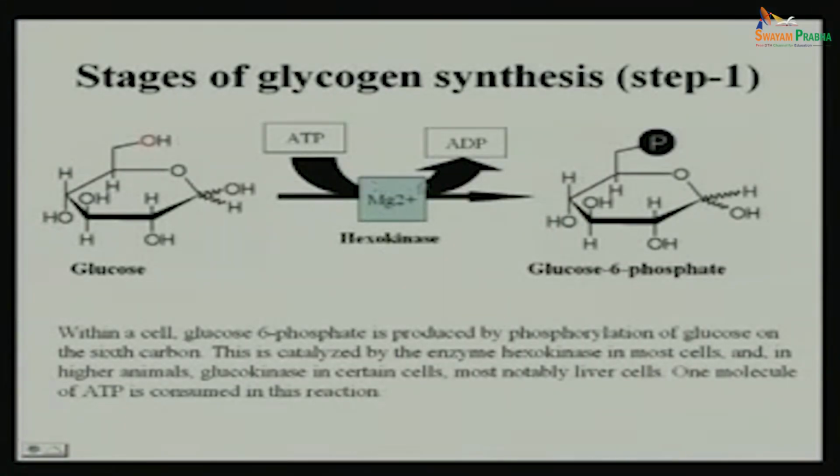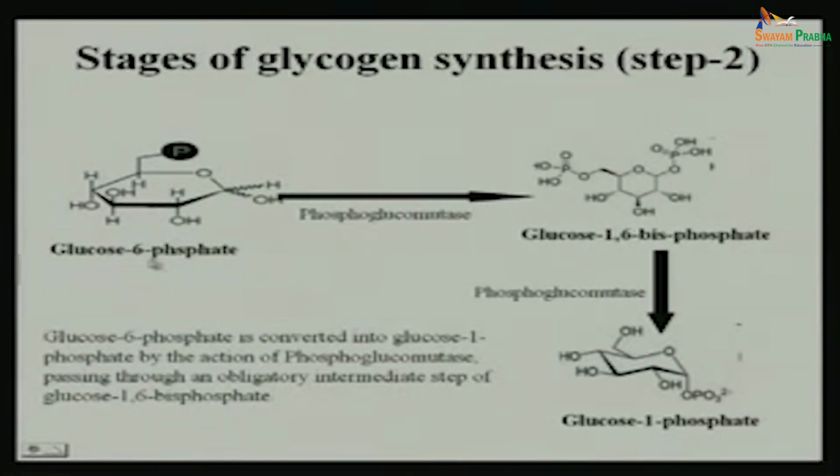One molecule of ATP is needed to carry out this reaction to phosphorylate the glucose, and in liver cells glucokinase is playing a significant role for conversion of glucose to glucose 6-phosphate. This is a very interesting step for this particular pathway of glycogen synthesis.